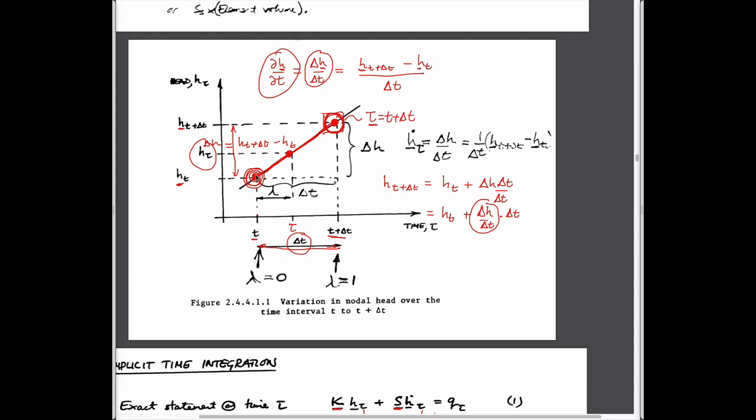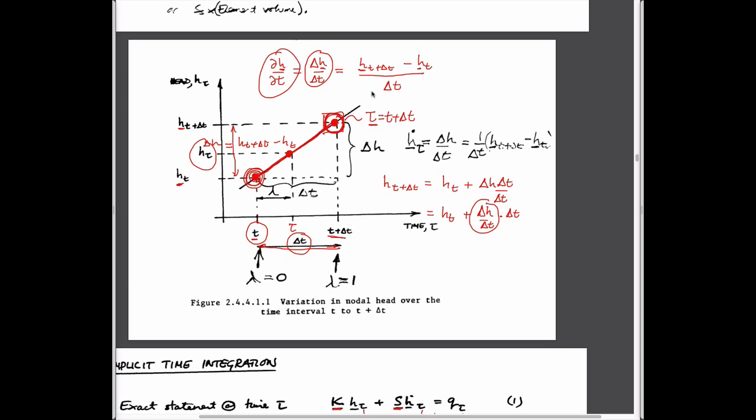Or we could write the equations at time t, this point here, and use it to project the behavior in the future. That's the difference between implicit, where we stand in the future and use the information in the past to solve for our current location in time, as opposed to explicit, where we stand at this point here and want to project into the future exactly what the time will be.